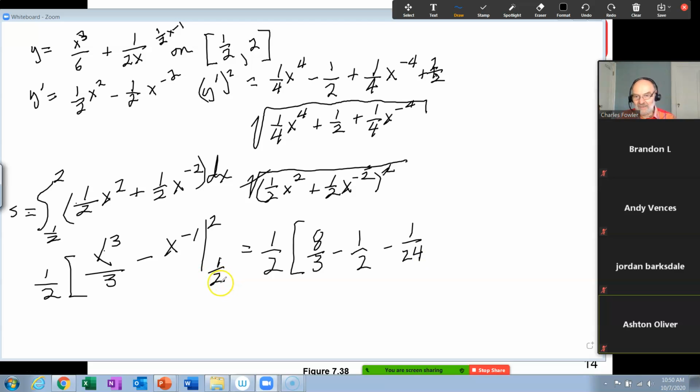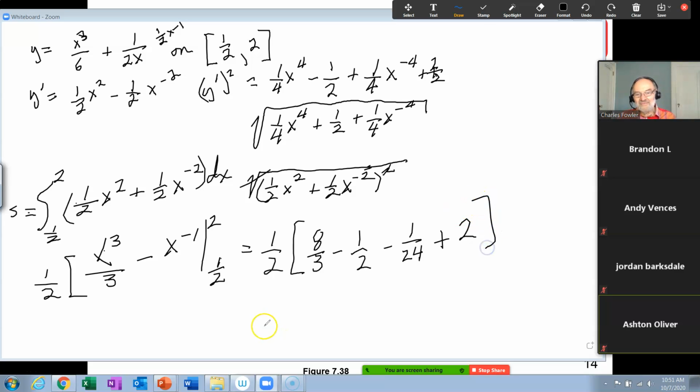Because 1/2 cubed is 1/8, and 1/3 times 1/8 is 1/24. But that's a minus. But then it's a minus here, minus from down here, minus from up here, so that makes that a plus. And then this is 1/x, and 1 over 1/2 would be 2. That's where I knew I got it.